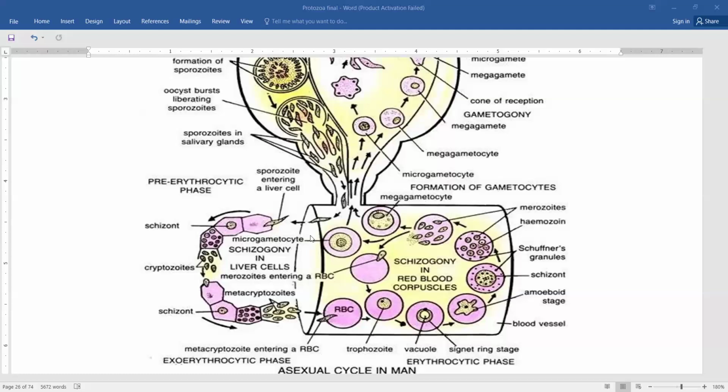So they will not further develop in the human being. They wander in the blood vessels through the blood flow.